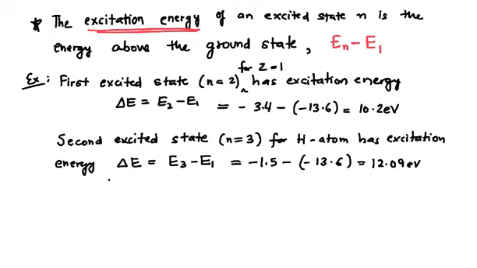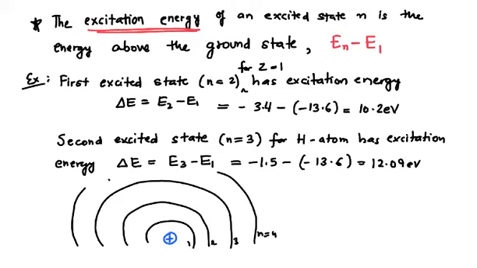To go to a higher or outer orbit, an electron will need more and more energy, because as we increase the value of n, the energies associated with those n values are increasing. So for an electron to go to a higher orbit, it needs more energy.